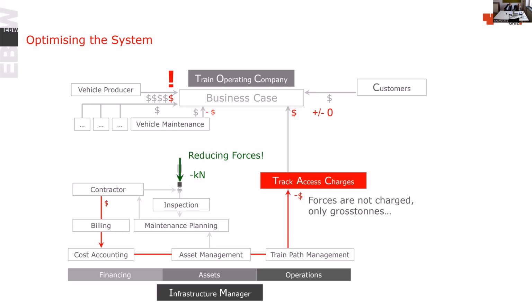And when you look into this business case, that means the following thing. The business case for a track-friendly vehicle is always negative at the railway undertaking side. So the railway undertaking, from its economic point of view, must decide against the higher quality in the vehicle.